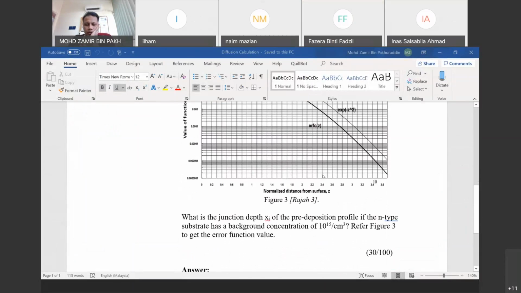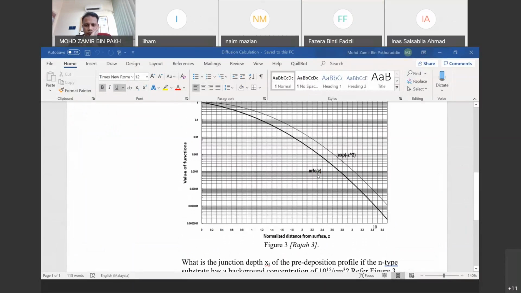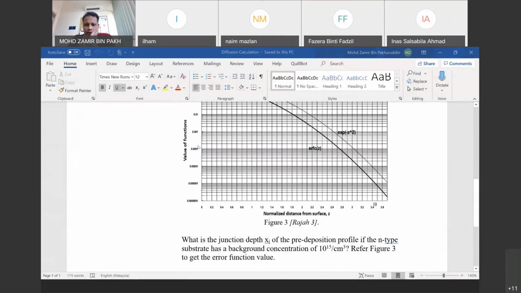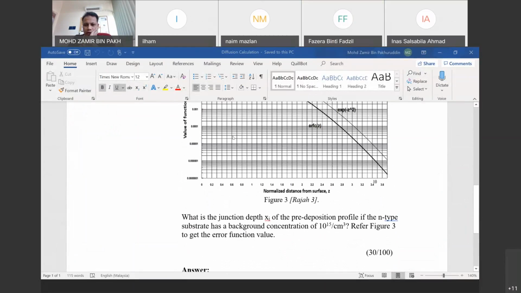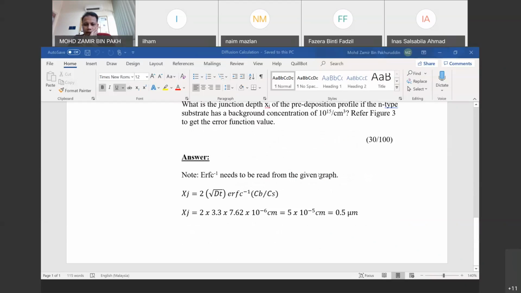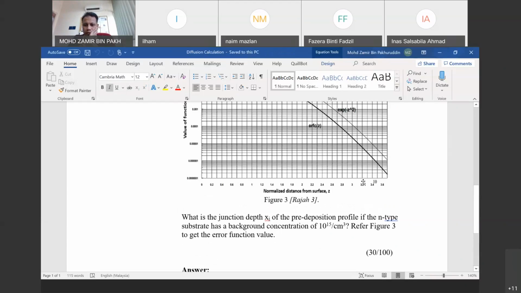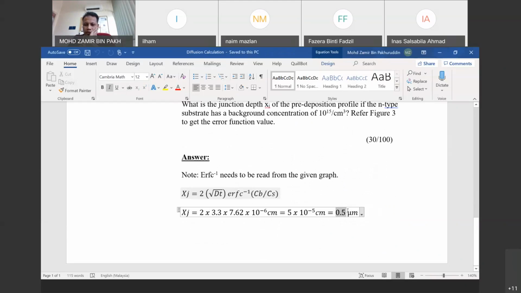So bila you bahagi, you're gonna get the value on the y-axis, and then that will be equal. How do you check that? You have to check the x value from the curve dekat jawapan yang you dapat bila you bahagi tadi. Then you're gonna get about 3.3 somewhere here, right? So you need to plug that into the equation, and you're gonna get 0.5 micron as your junction depth, right?